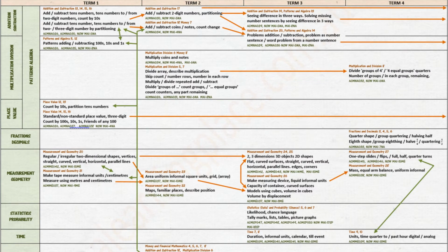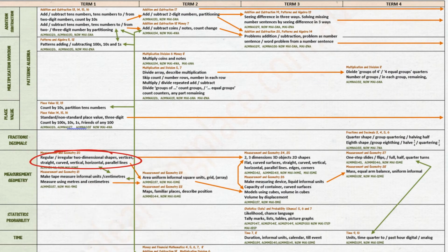The measurement and geometry focus is on lines and vertices on regular and irregular two-dimensional shapes, and on surfaces and lines of three-dimensional objects. Children describe dimensions and then make a tape measure using informal units and centimetres, and use their tape measure to measure one dimension as length in informal units, metres and centimetres.